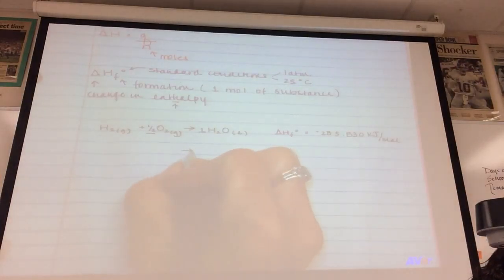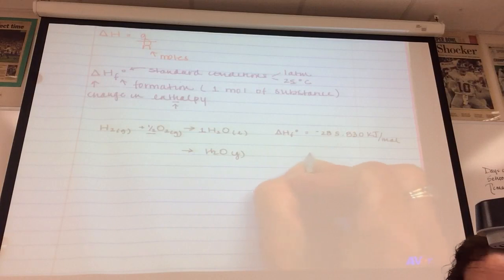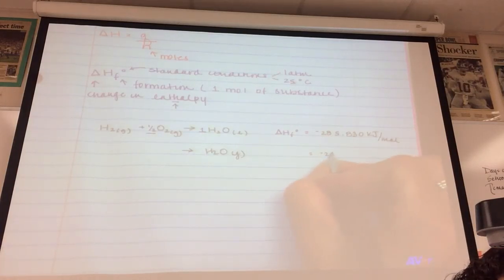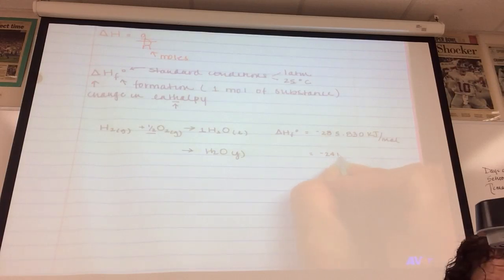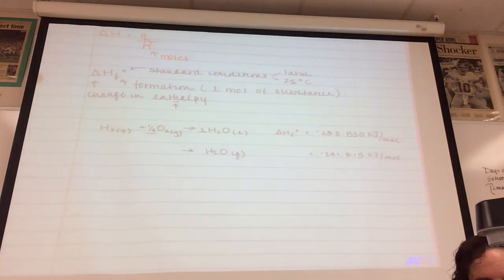If I were doing this for water in the gaseous state, just be careful here, because some substances do exist in more than one state of matter, so make sure you consider that before you make a selection.